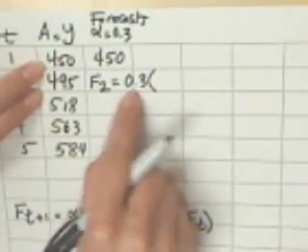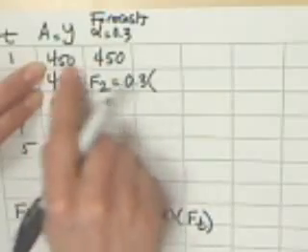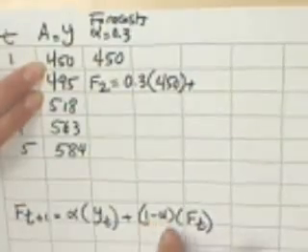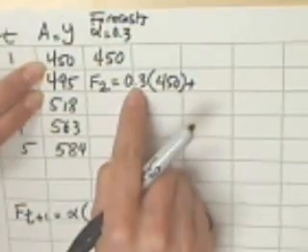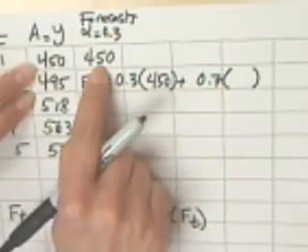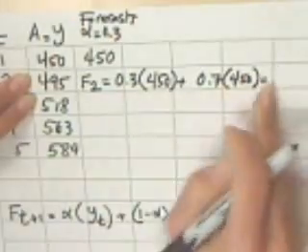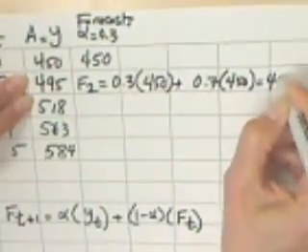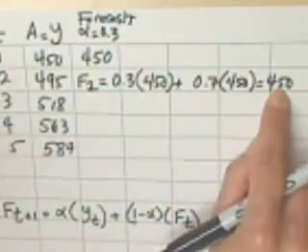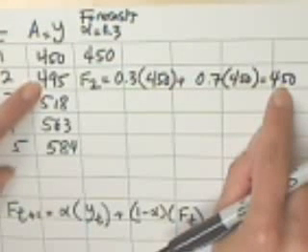So I'll take alpha times the actual value for the time period that I'm in, which would be 450, plus 1 minus alpha, 1 minus 0.3 is 0.7, times the forecast for that time period, which is 450. And of course, if you go through the math, you'll get 450. So now I have forecast for time period 2 as 450, and my actual is 495.